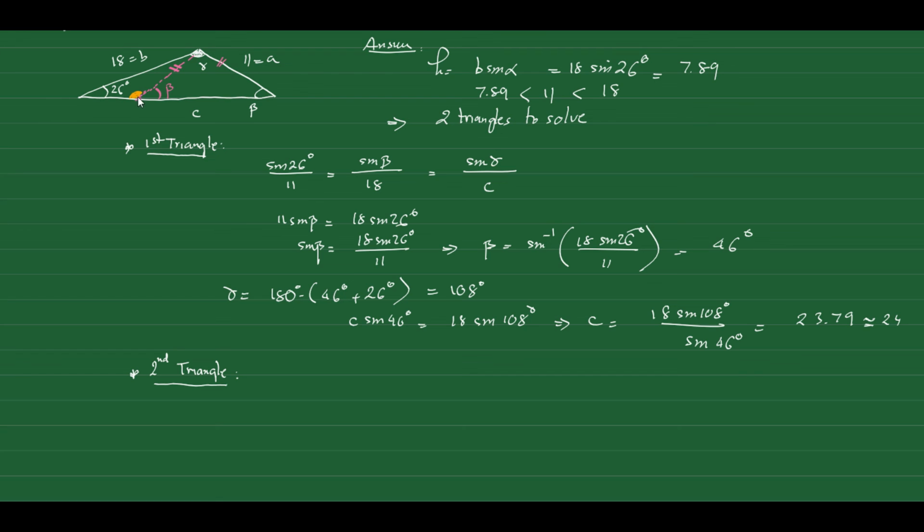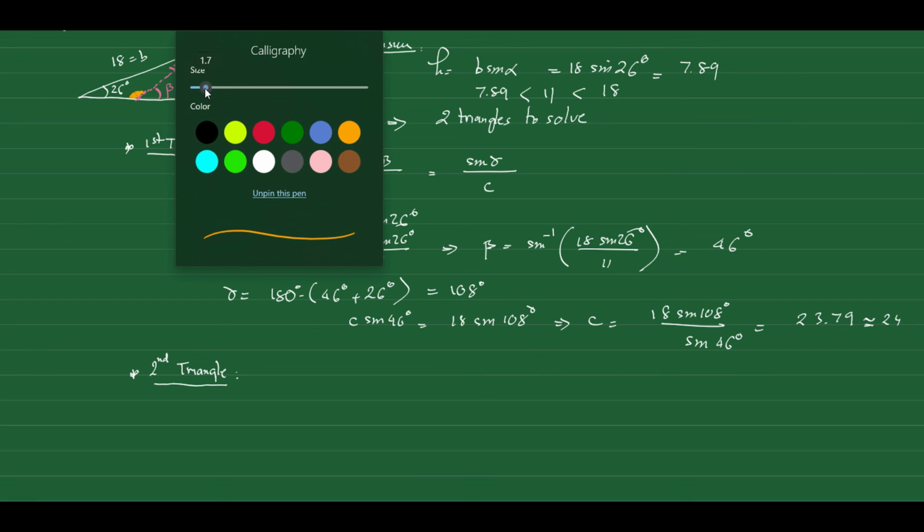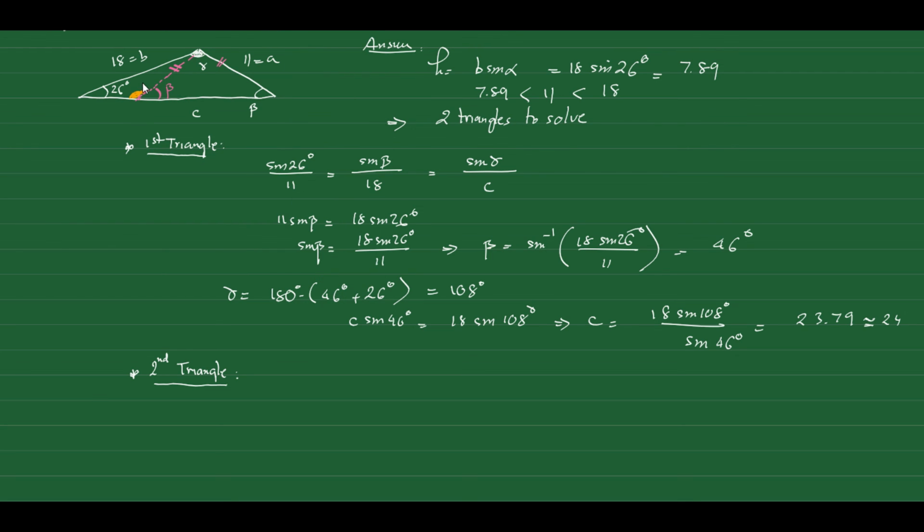Okay, I'm gonna call this angle right here angle beta prime. So I can calculate the angle beta prime. The second triangle is this one right here, the pink one.